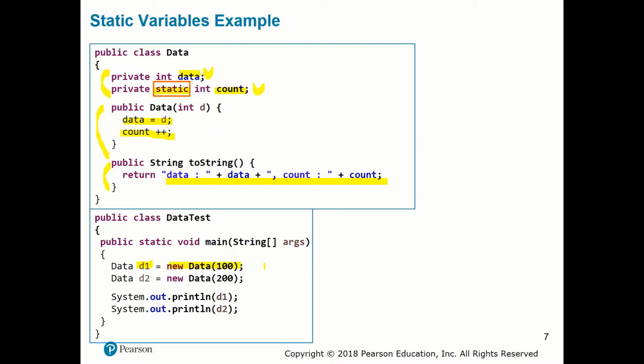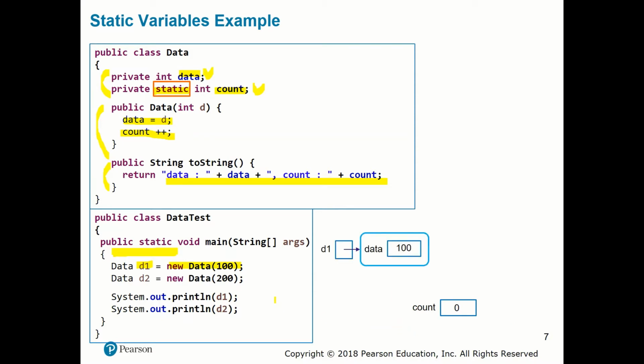Then you can think that the static member count is in the memory even if D1 is not created yet. Even if there is no Data object in the memory, you can think that the static member already exists in the memory. Just before creating the first object, the static member already exists.